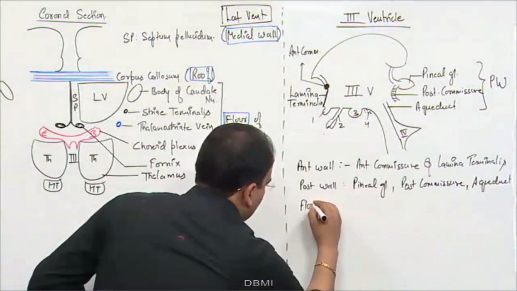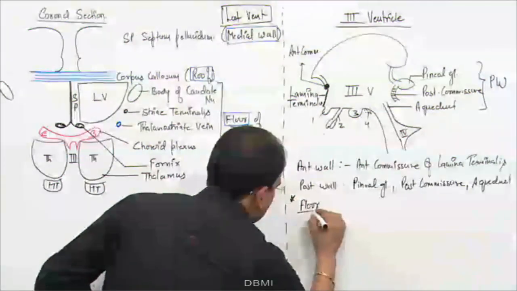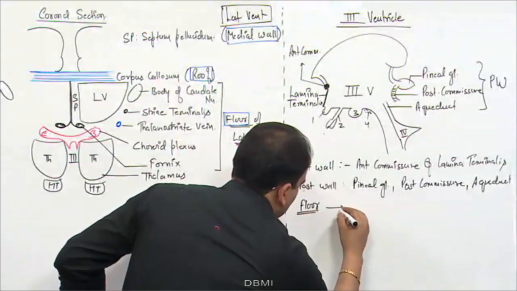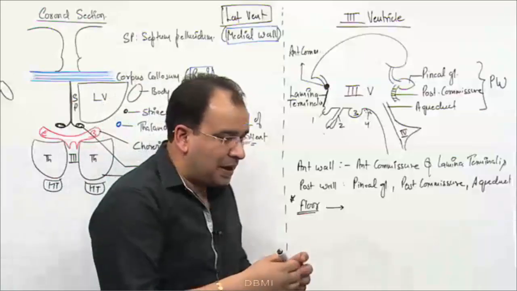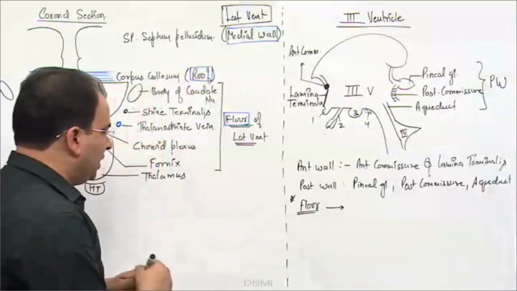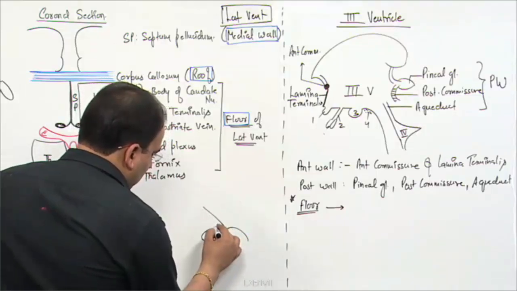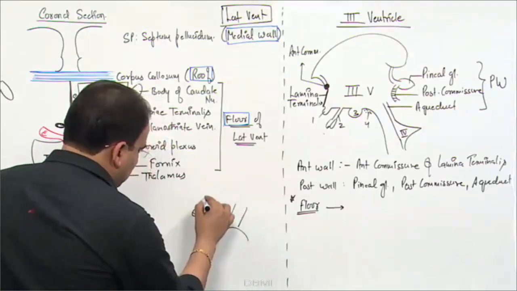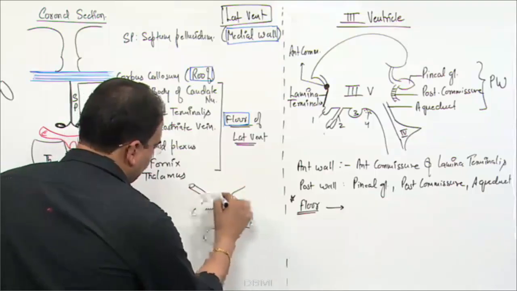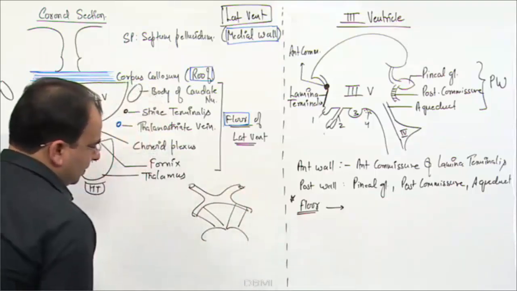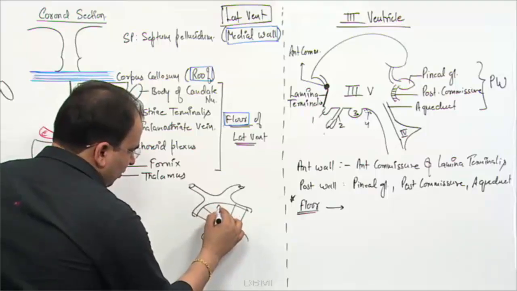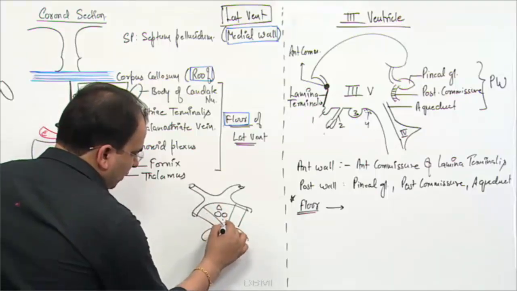Very important, floor. The questions are usually on the floor. Floor is important. Now floor, let me compare the floor to the interpeduncular fossa. If you remember interpeduncular fossa, let me just quickly go through that. This was interpeduncular fossa, right? And there was infundibulum there, this was mammillary body and posterior perforating substance.